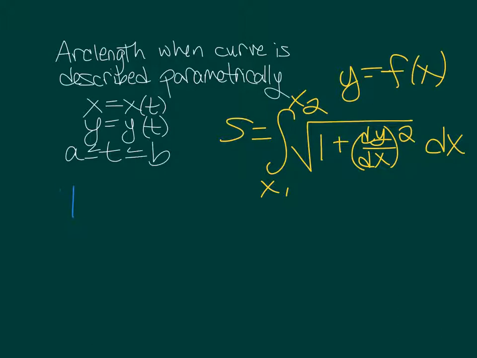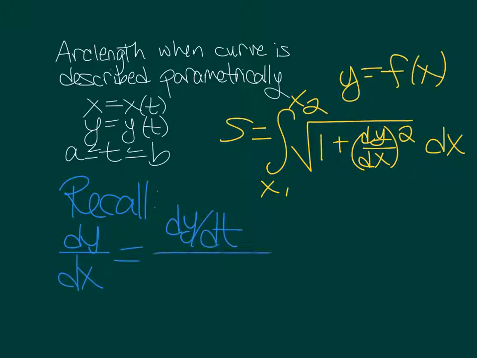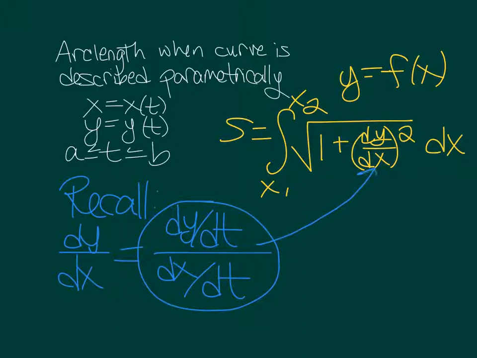Recall that the derivative dy/dx is equal to the derivative of y with respect to t over the derivative of x with respect to t. So let's start by taking this expression and substituting it into this formula where we have dy/dx.